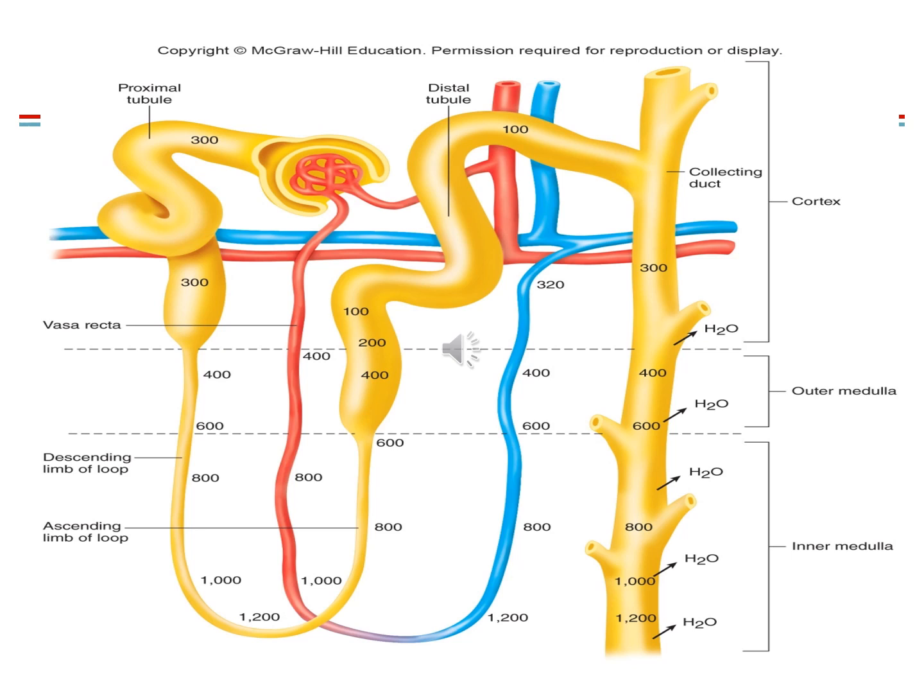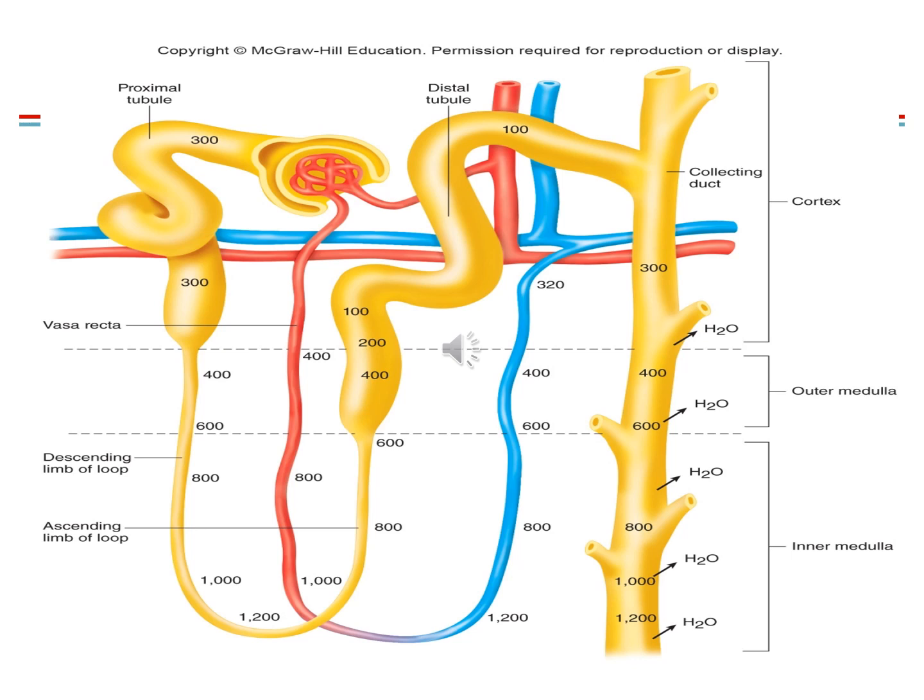At the proximal convoluted tube, the maximum amount of reabsorption takes place, and the filtrate is still isotonic, with 300 milliosmoles. With this osmolarity, it reaches the medulla in the loop of Henle, with the descending limb and the ascending limb of the loop of Henle.